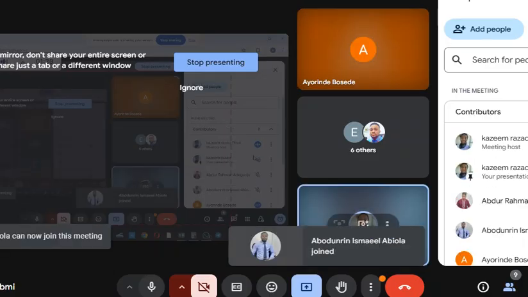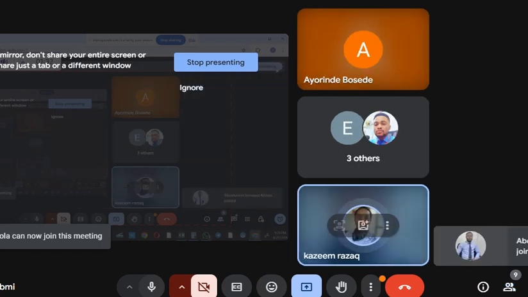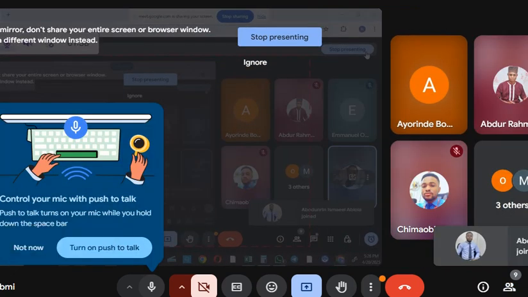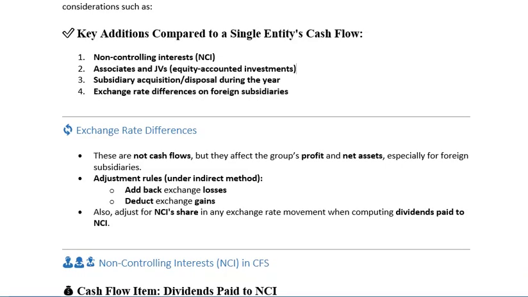So that's for exchange loss. For exchange gain, it's a plus, so that means you need to deduct that from your adjustment for non-cash items.